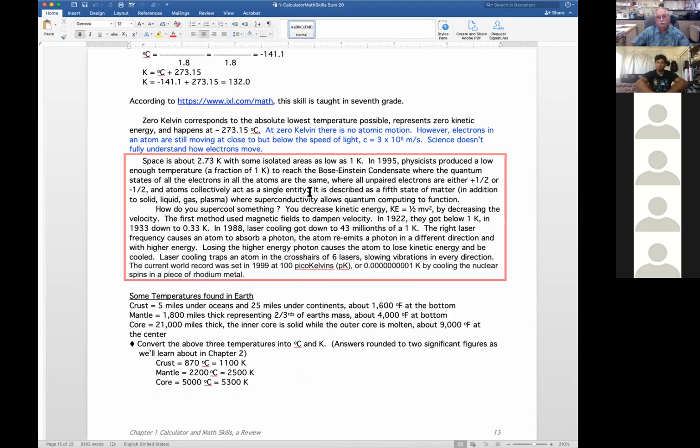When you get to that place, it's called the Bose-Einstein condensate, and that's where all the electrons have the same spin. All the atoms start to act as the same, and you really get a fifth state of matter, and this is where superconductivity starts to happen.